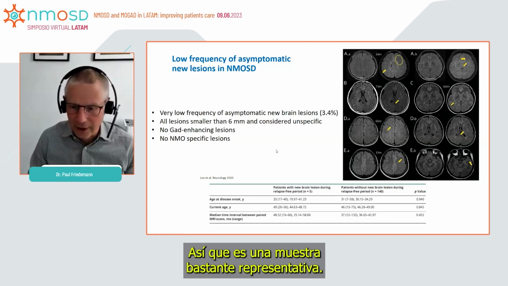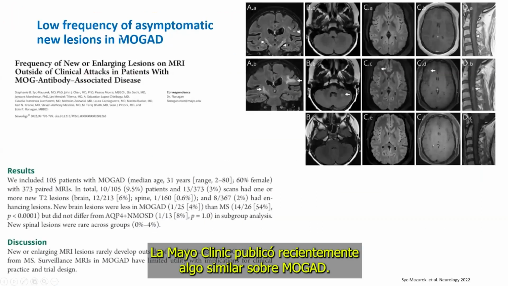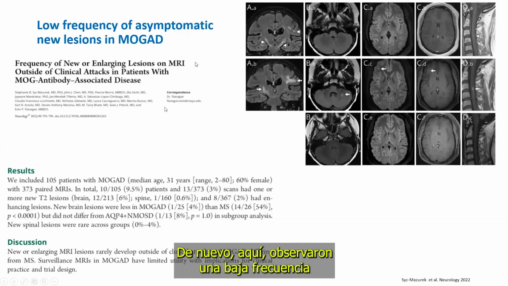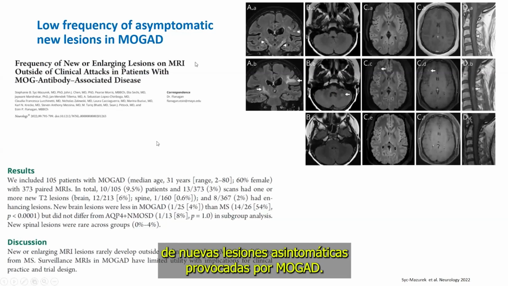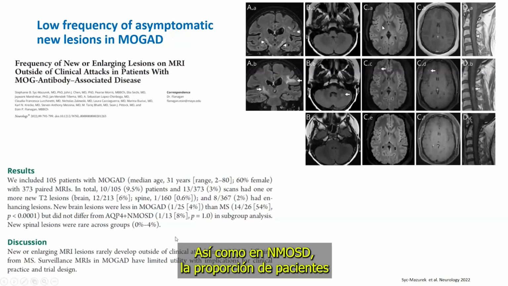Something similar was published recently by the Mayo Clinic in MOGAD. Again, they found a low frequency of asymptomatic new lesions in MOGAD. Again, you can see a few examples here. This was also below 10%.